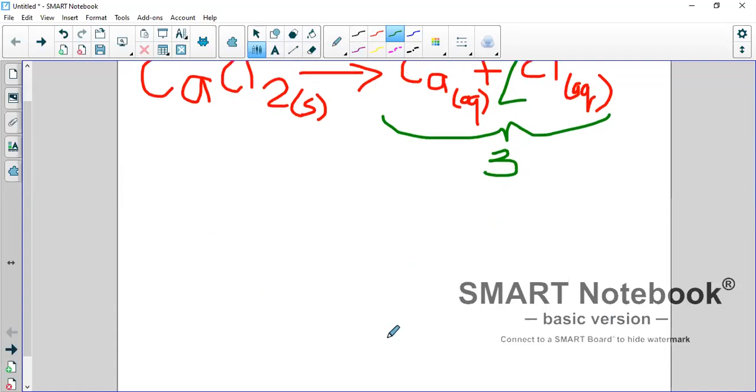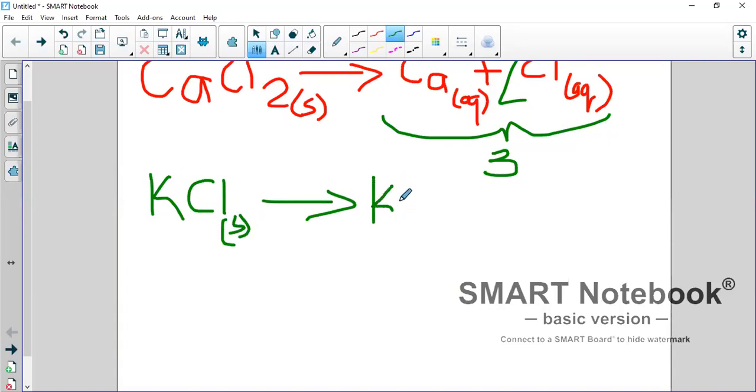All right, then we move on to the other one that was given. I think it was potassium chloride, am I right? KCl. So if KCl dissociates when you put it in water, you're going to have your K+. Potassium is in group 1, so it's a K+, plus your chloride ions, Cl-.